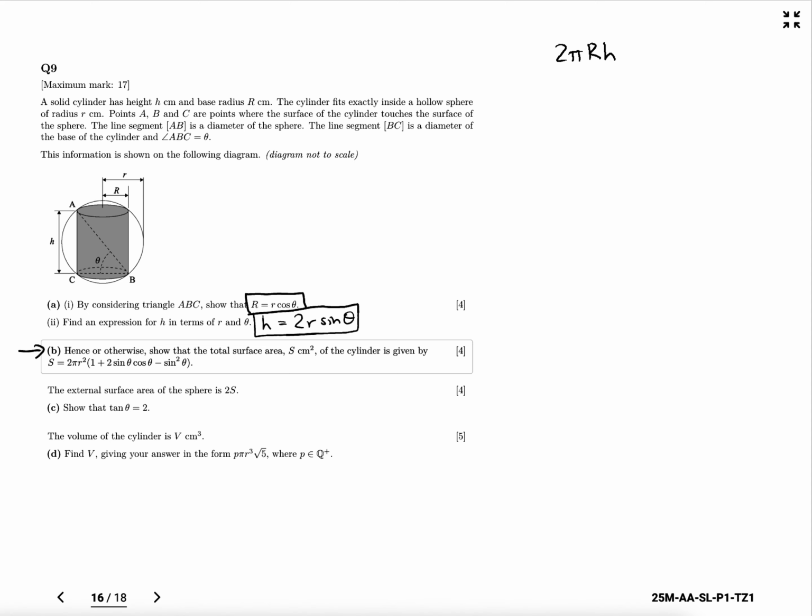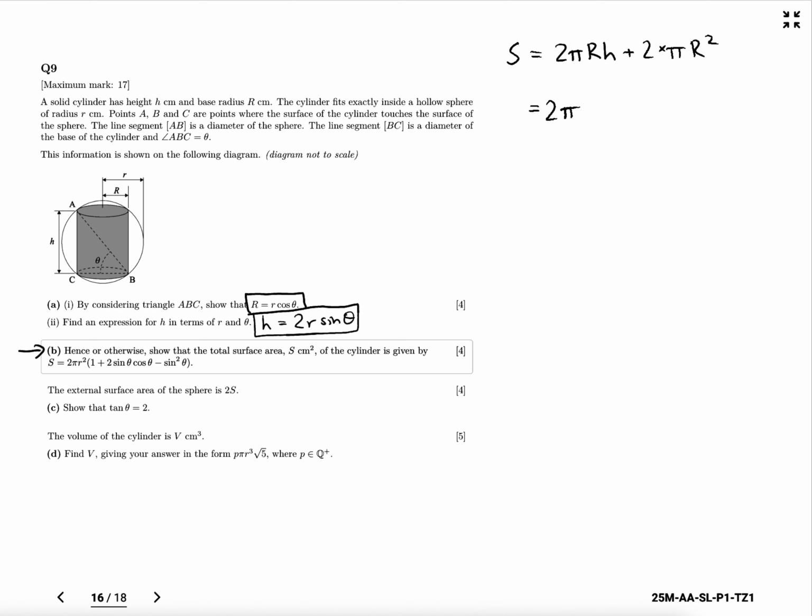So this is the surface area of the curved surface of the cylinder, but we also have 2 circles, and each circle has a radius of capital R as well. So we're going to have 2 times the area of a circle, which is pi R squared, and all of this is going to be the surface area. And now we're going to substitute in R and h, because we want something in terms of little r only.